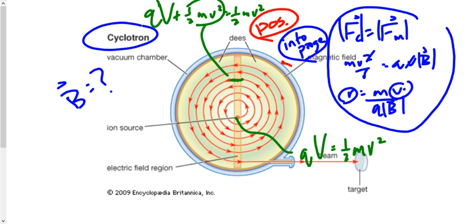Why the extra term up here versus down here? What's the initial speed right here when it's injected into here? Zero. So it's got just potential energy. What's the initial speed when it's going across the gap up here? Something, not zero. So it's like a car right here at the top of the hill, but already moving at the top of the hill.